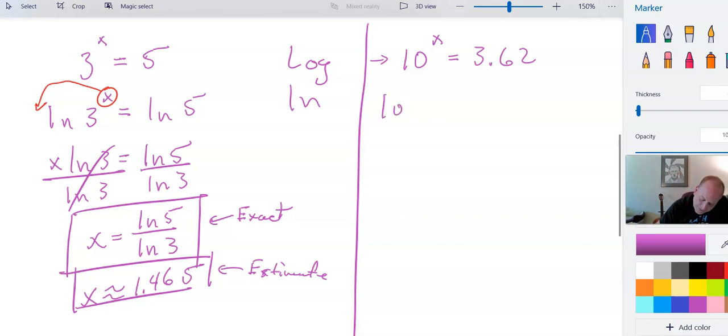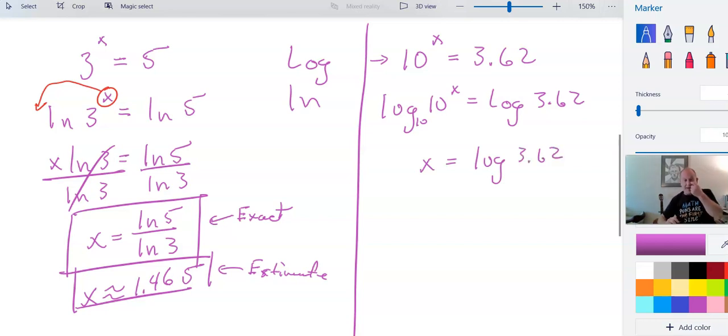So if I take log base 10 of both sides, well, log base 10 of 10 to the x, because this is a base 10 even though we don't write it, means the left-hand side is just x. So x is equal to the log of 3.62.